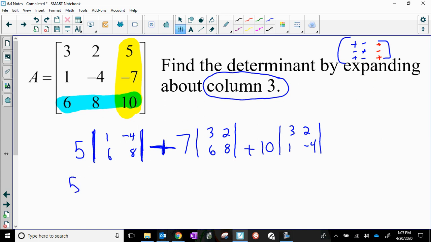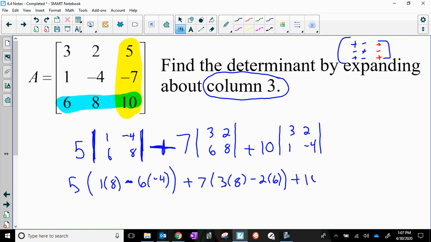So I have 5 times, and then I'm going to do 1 times 8, and then I'm going to subtract 6 times -4. And I have +7, 3 times 8, and then minus 2 times 6.